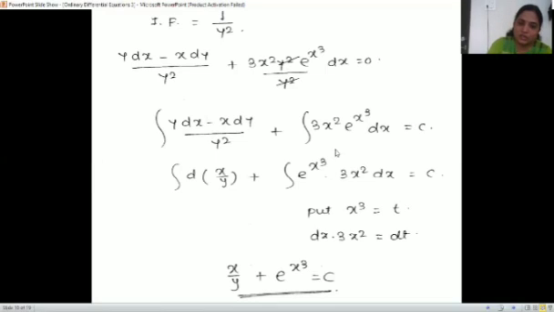For this, here is the term whose derivative is here. So we can put a substitution, or you can directly write the integration. It is e^(x³) into 3x² dx. If we put x³ as t, it is e^t dt, that is nothing but e^t only, and t is x³. So this is the derivative of x/y, and integration and derivative cancel, it is just x/y + e^(x³) = c, which is your answer.